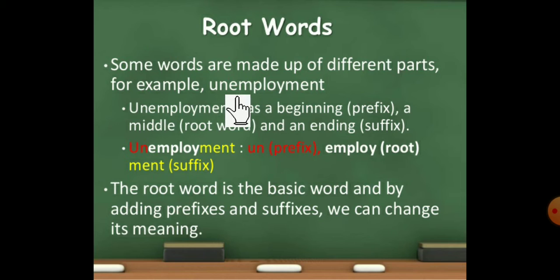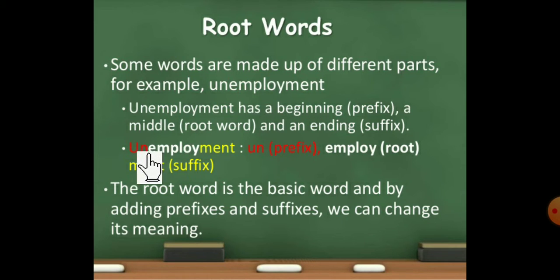So here, unemployment is a full word. Here, un is added at the front, so it is our beginning. It is called a prefix, and ment is added at the end of that word. It is called a suffix. Then, which is the root word?